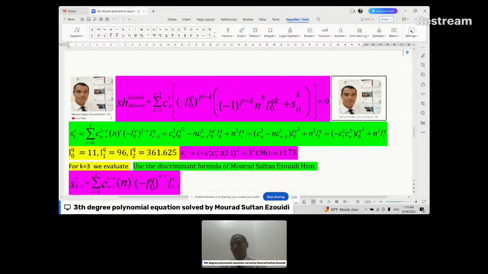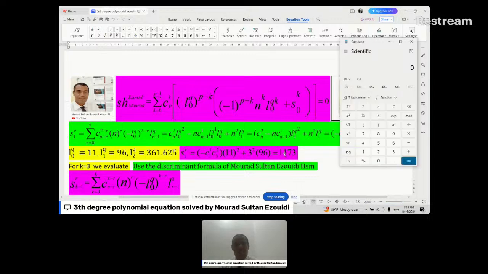I have the coefficients of my original third degree polynomial equation, and then I'm going to replace them in the discriminant formula, putting k equal to 1, meaning S1. I will replace the coefficients. Therefore, I will try to use a calculator at the same time, learners. So a 3 that I multiply by minus 1 gives negative 3 times 11 squared plus 3 squared times 96.